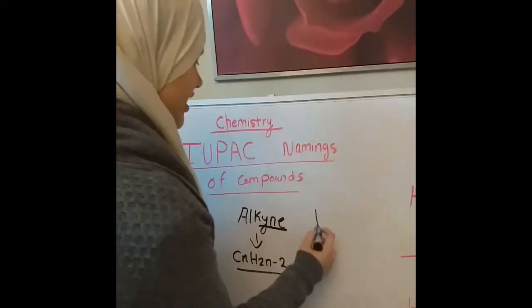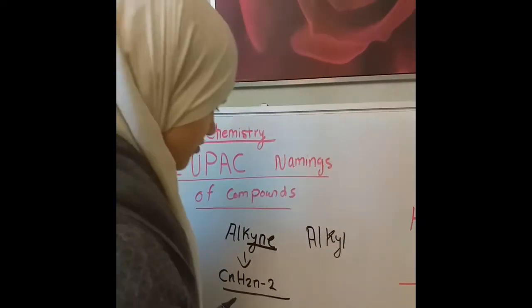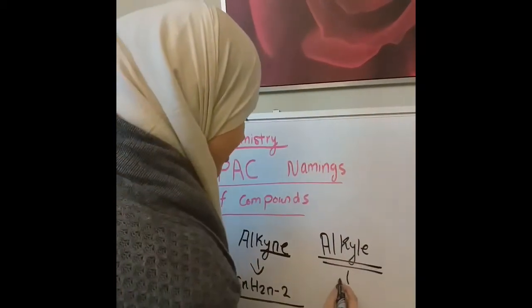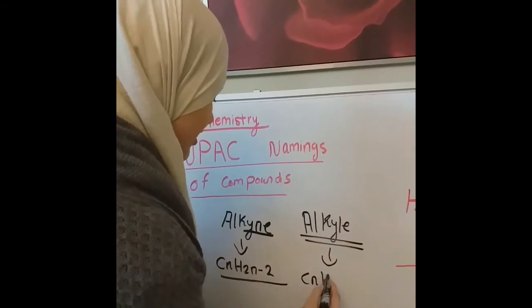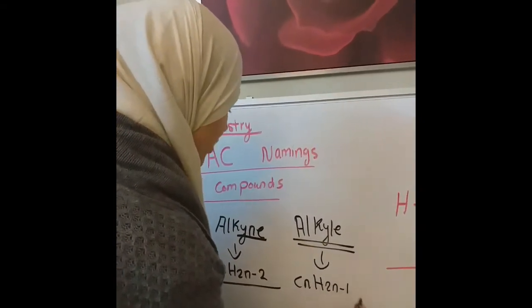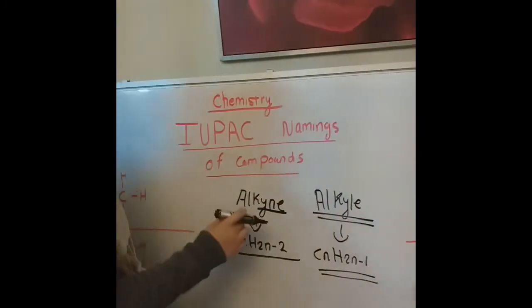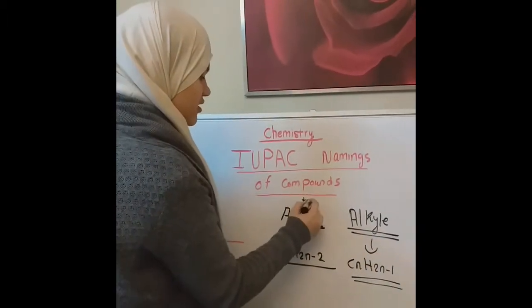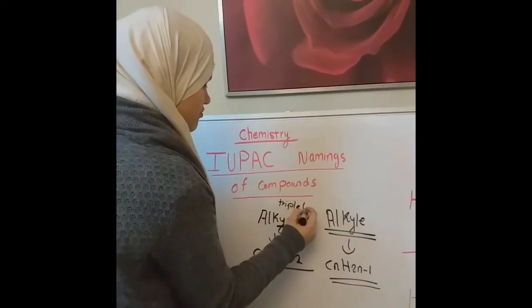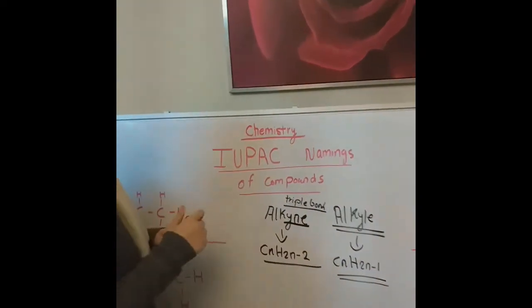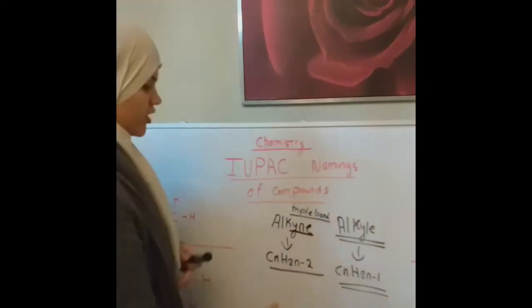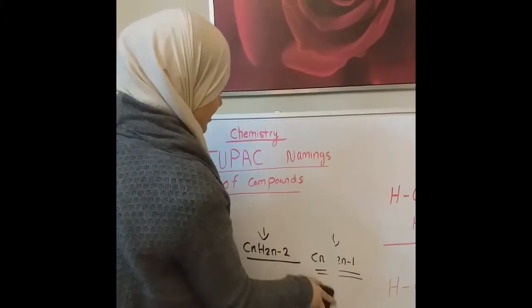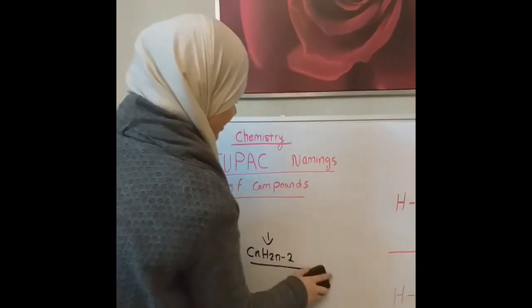But alkyl, which has the suffix yl, has the formula CnH2n minus 1. So this is alkyne and alkyl, and alkyne has a triple bond. So we know the hydrocarbons with their formulas and their bonds.